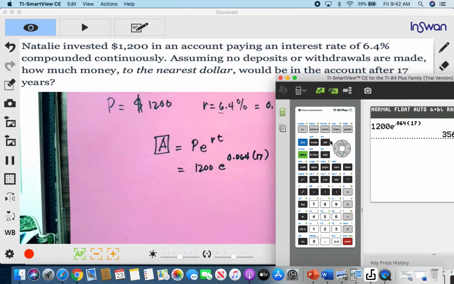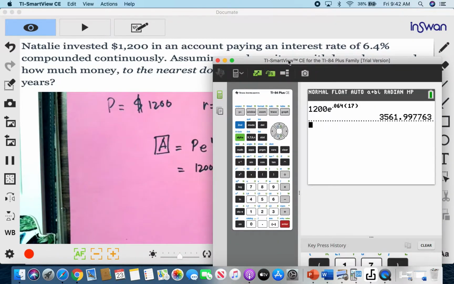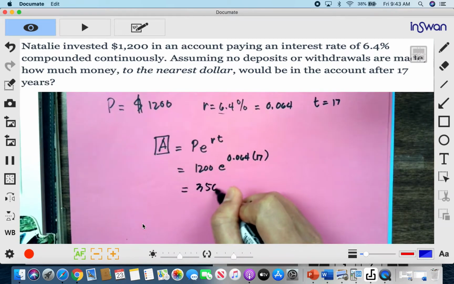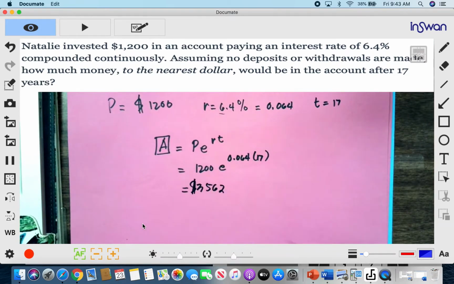And it gives us 3,561.99, but we want it to the nearest dollar, so it's going to be $3,562. So after some time earning this interest, that would be the amount of the investment.